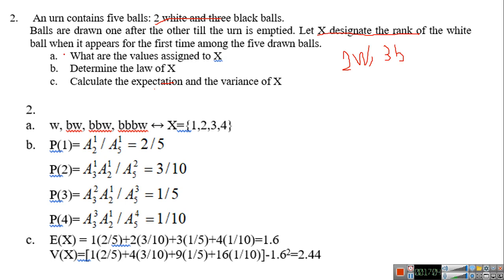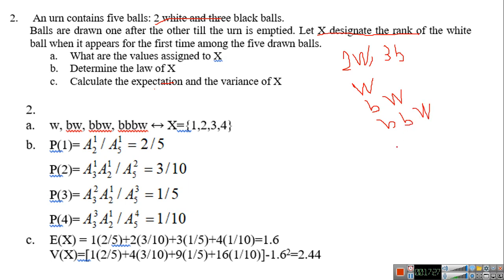You're not going to give me one example and this is the only example. You're going to put all possibilities of position of the white. One can tell me the white can come first. Another one can tell me we get B, then white. Another one, B, B, white.